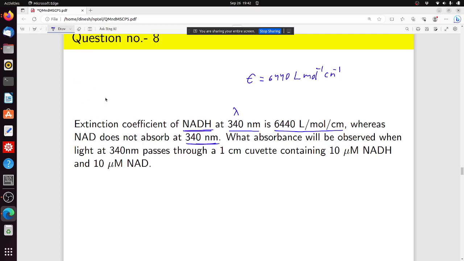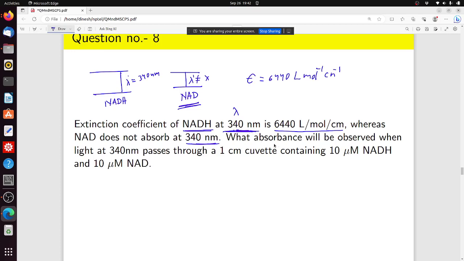That means these two systems, NADH and NAD: NADH has an absorption spectrum at lambda equal to 340 nanometer. For NAD, this lambda prime is not equal to this lambda. It has some different absorption spectrum. Okay, so it won't absorb or emit this wavelength of light.